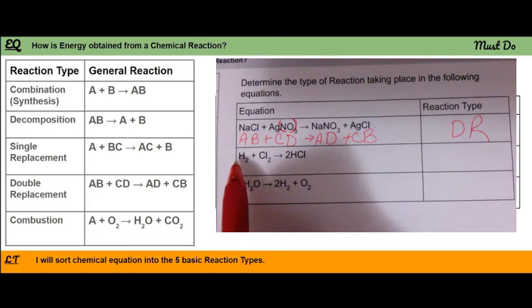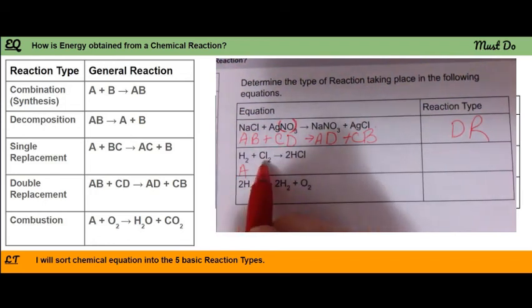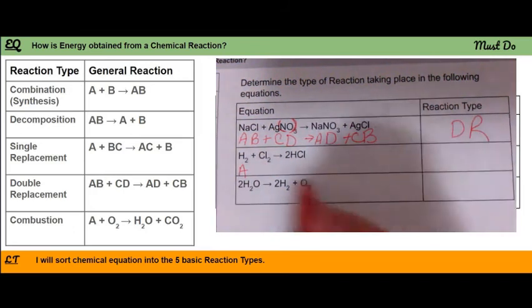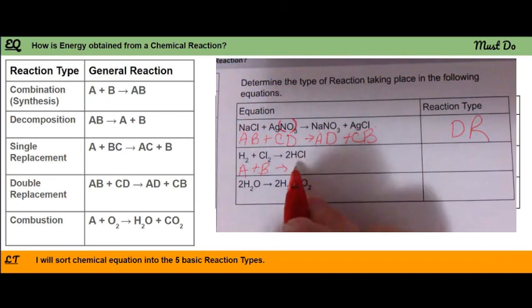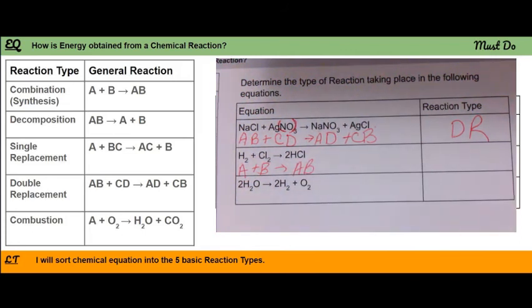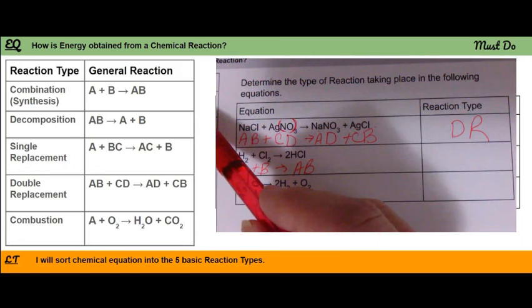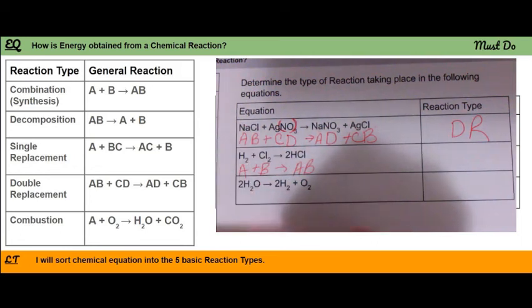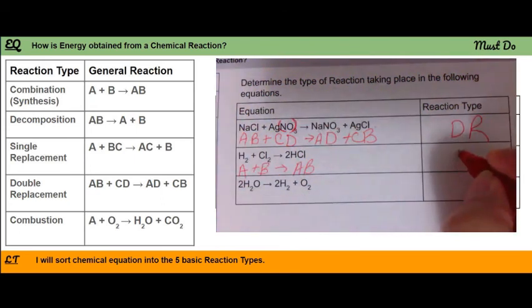The next one, hydrogen is an element, so that's an A. And chlorine is a different element, so that's a B. And then on this side, I have hydrogen and chlorine, but they're bonded together. Again, if I look at my chart, that is a combination.